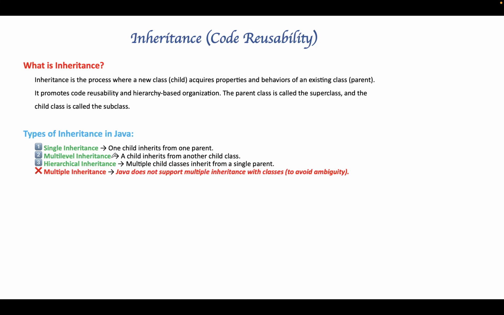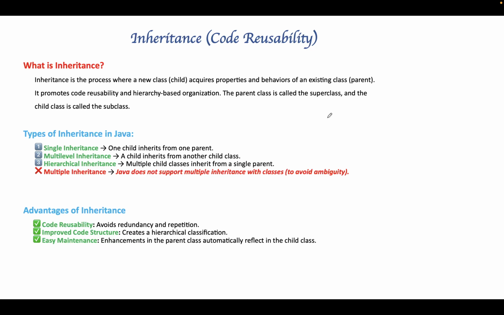Suppose that you have a big brother, you have some common things with your big brother, that is called a child class inheriting from another child class. Hierarchical inheritance: multiple child classes inherit from a single parent. Okay.